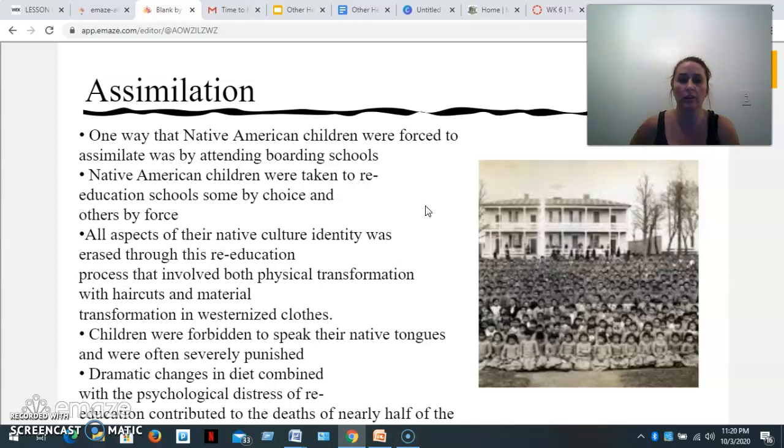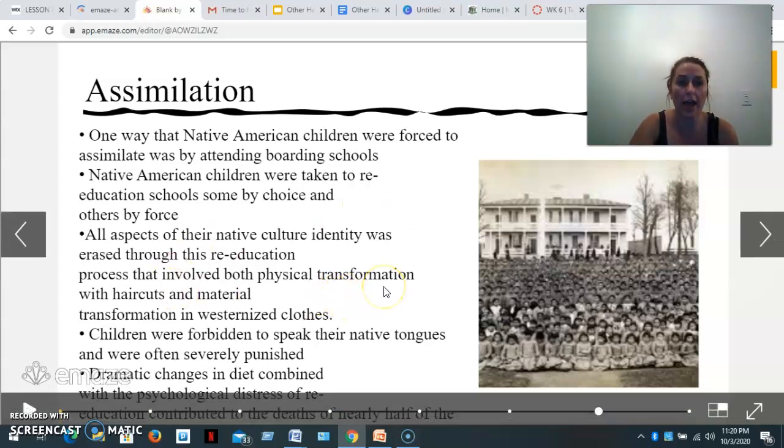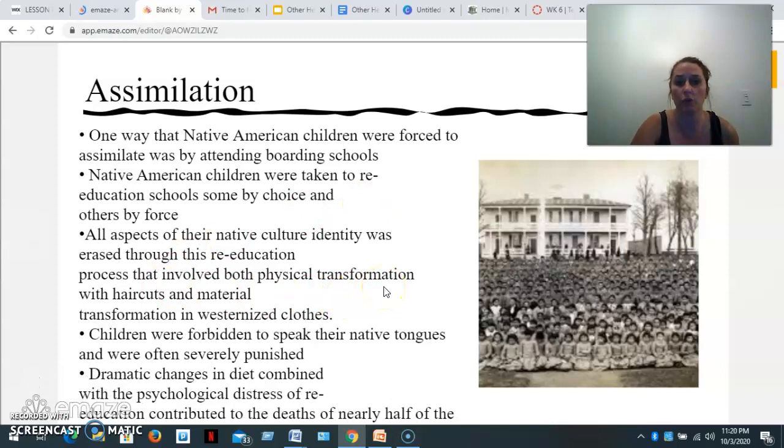They thought that they would have better opportunities, and they knew that their way of life was coming to an end, and they wanted their children to be educated in the, quote, white man's ways. All aspects of their native cultural identity were erased at these re-education schools.